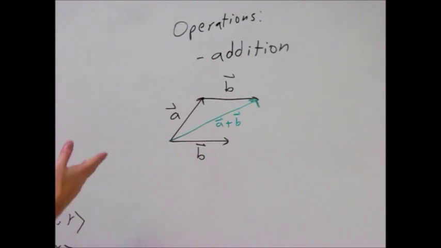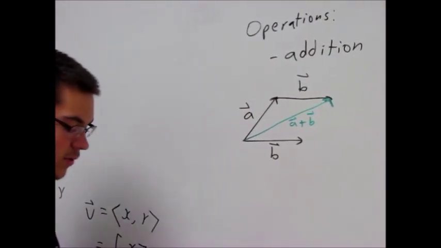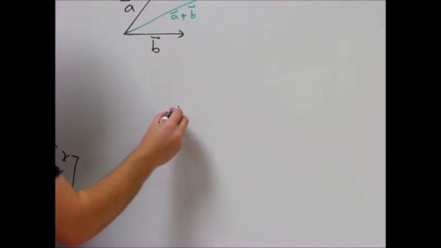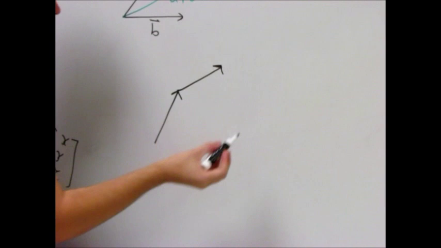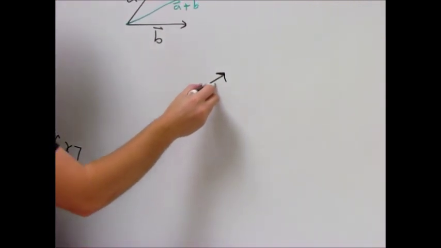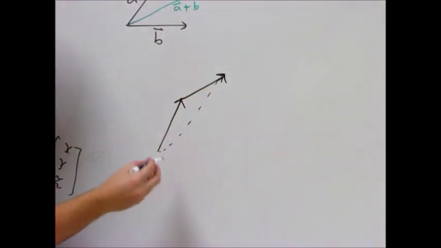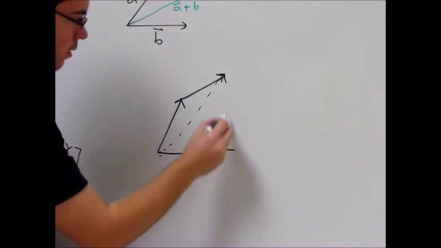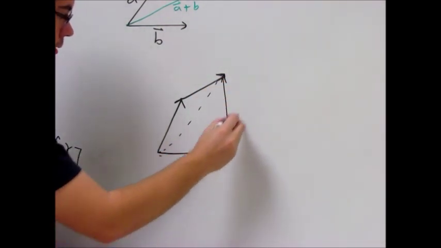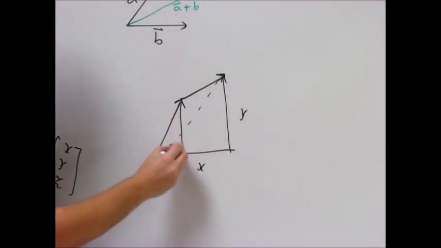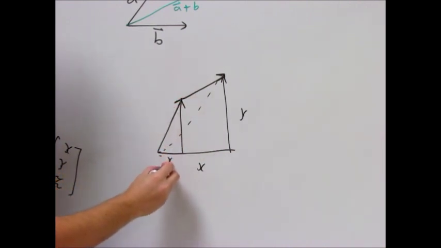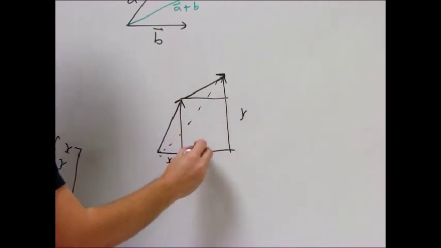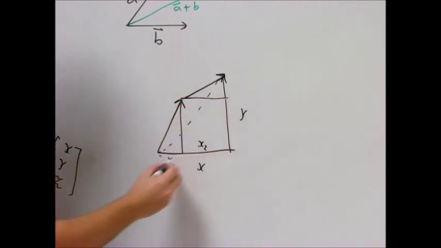So how do we understand this in terms of the components? If you have two vectors being added in this way to create a new vector, you can see that the x component of this new vector will be the x component of the first vector, x1, added to the x component of the second vector, x2, which is this length, same as this length.